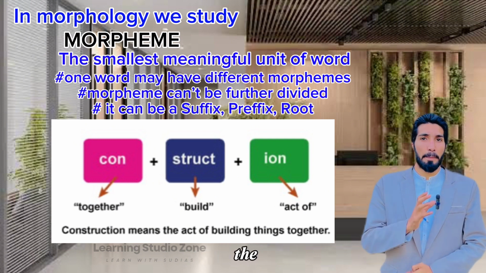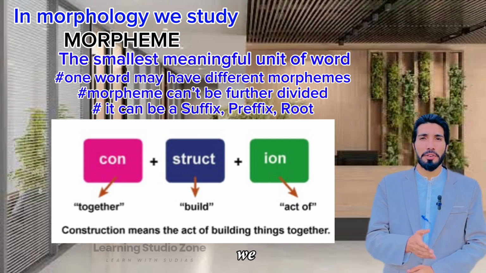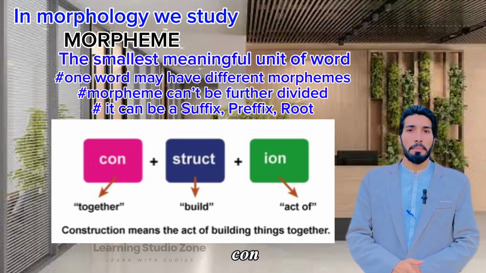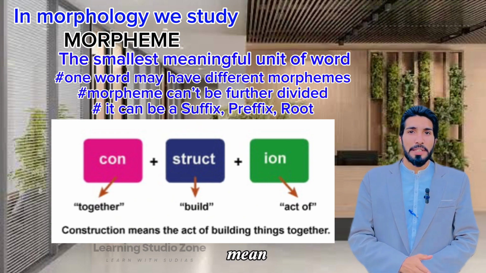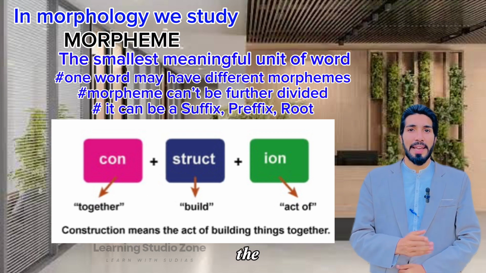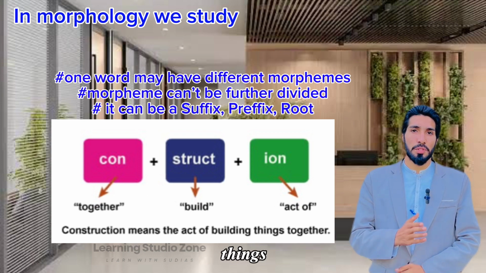One is the basic word struct, which we call the root, one is the prefix, and one is the suffix. Where con means together, struct means to build, and the suffix ion means act of. So the word construction means the act of building things together.